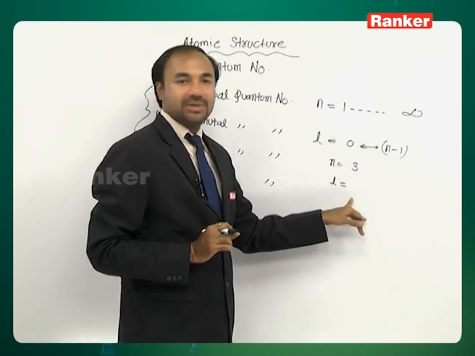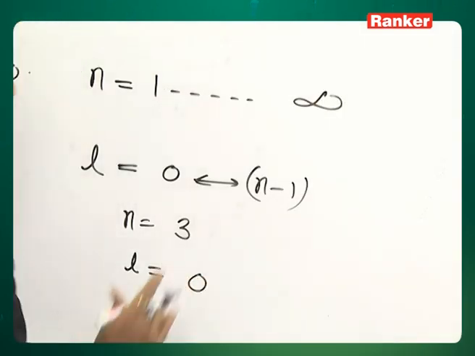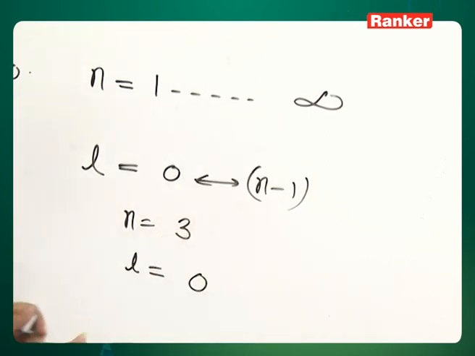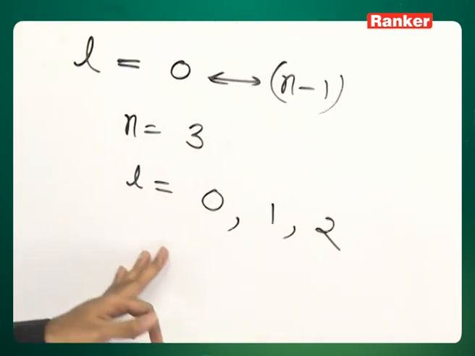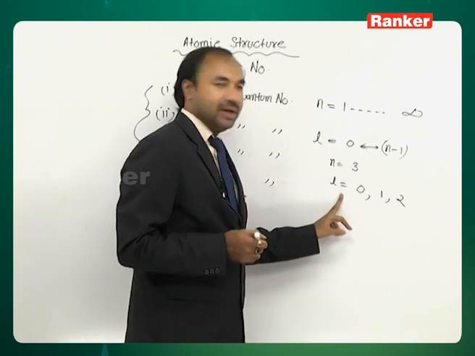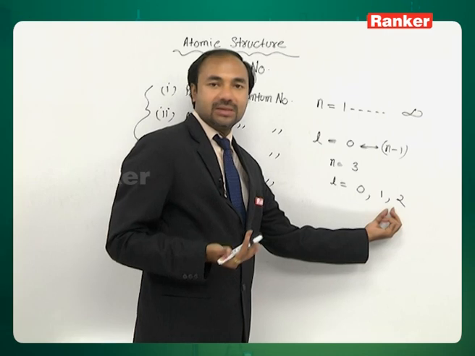Values will be given to them from 0 to n minus 1. N minus 1 will be 3 minus 1, which means 2. So, this will be 0, 1 and 2. These will be the values of L. So, we will have 3 values of L here, 0, 1 and 2. This corresponds to 3 subshells.